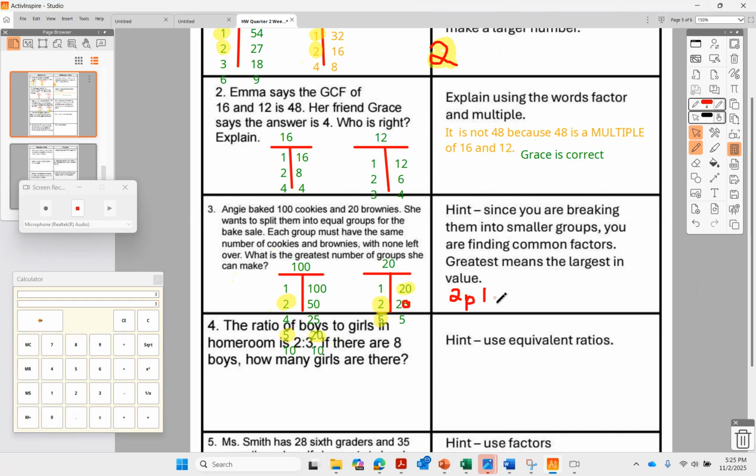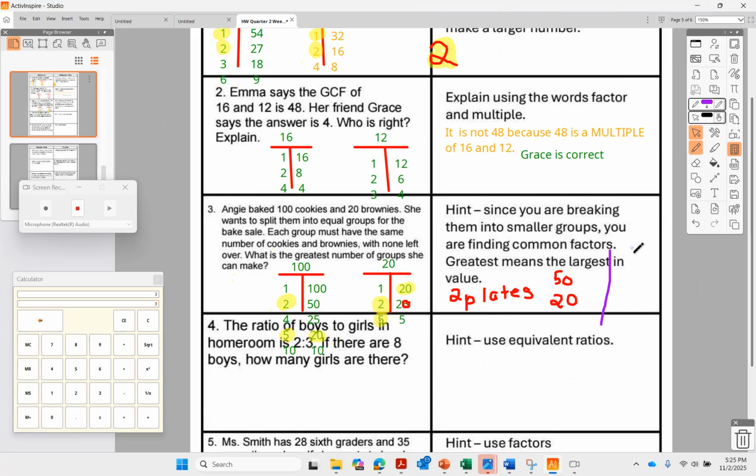So this is how you have to think of it. So like 2 plates completely. And on those 2 plates, she would have 50 cookies and 20 brownies. She wants the greatest number here. So I'm going to look at the 20 plates.